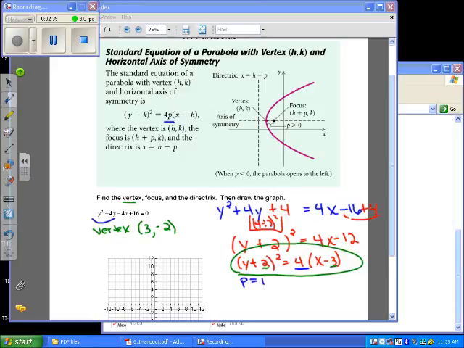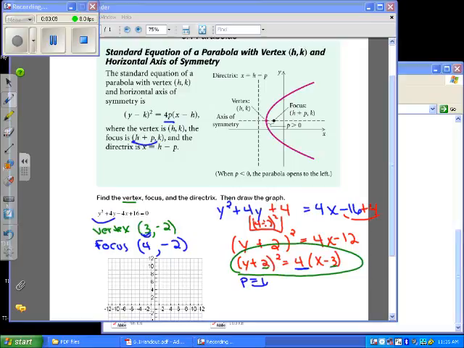Since p is equal to 1, we can go ahead and find the focus. The focus is h plus p, so I'm going to take 3 plus 1. This is my h, this is my p, so 3 plus 1 gives me 4. And then my k stays the same, negative 2. So that would be my focus.